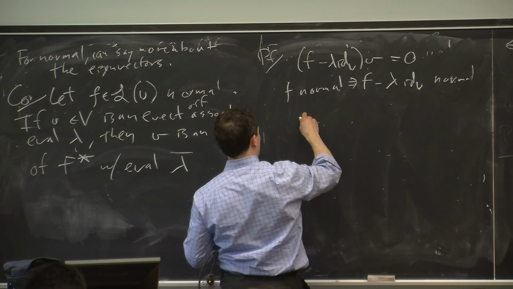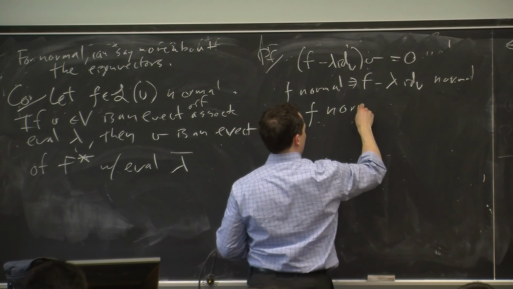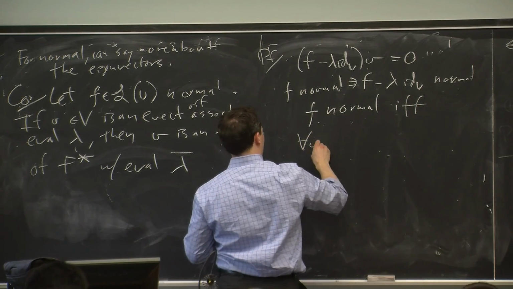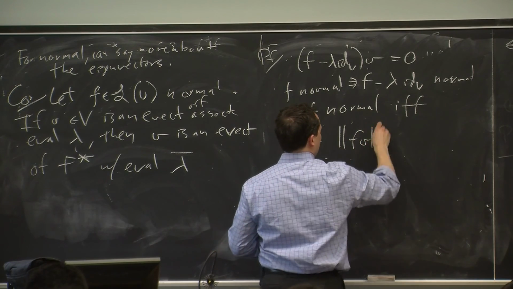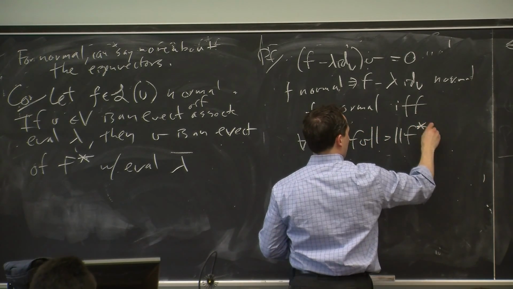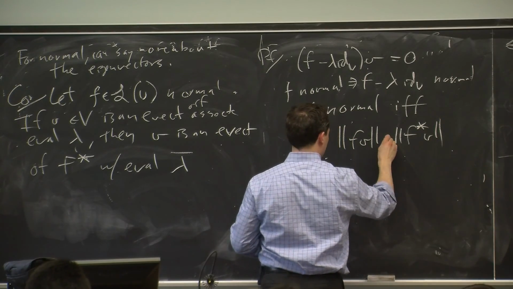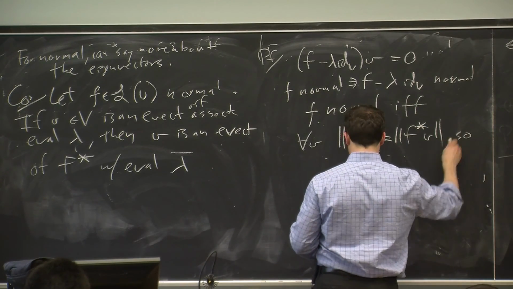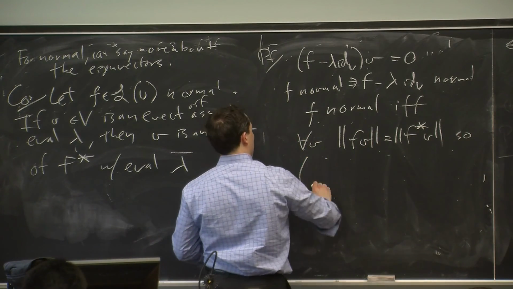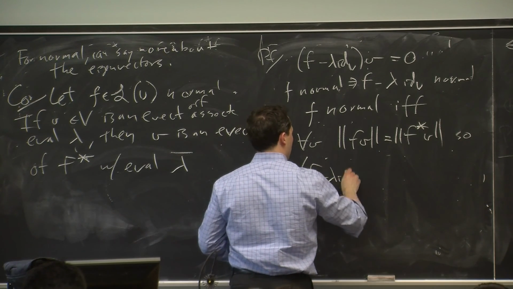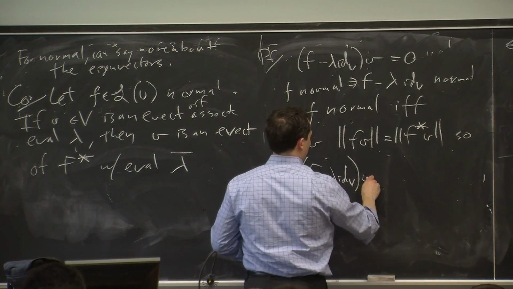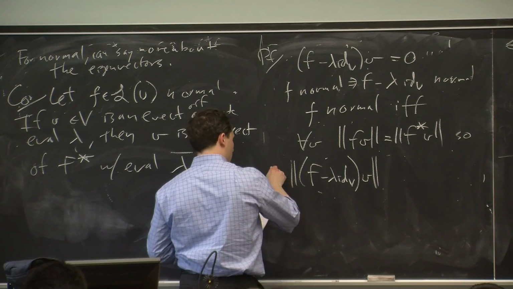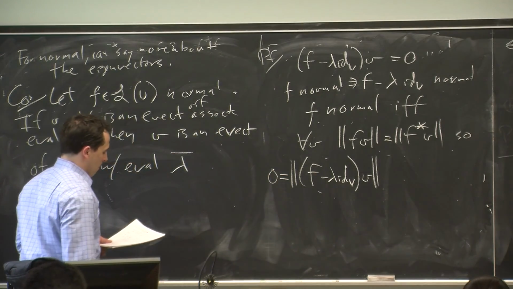And by the other characterization, f is normal if and only if for all v, the norm of fv and the norm of f star v are equal. Because f minus lambda I_V has a non-zero vector v in its null space, this applied to v is 0 and has norm 0.